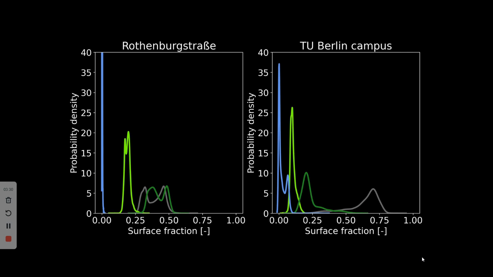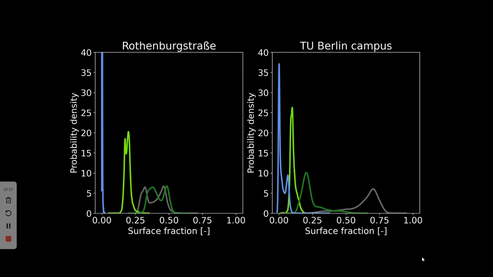Cool. This shows the contribution of the different surface covers to the footprints at any given time for 1 year. What you can already see is that if we use a constant value, that's not very realistic, maybe except for the water at the Rotenburgstrasse, because there's virtually none. But we see bimodality at the Rotenburgstrasse, especially for impervious and for the high vegetation.